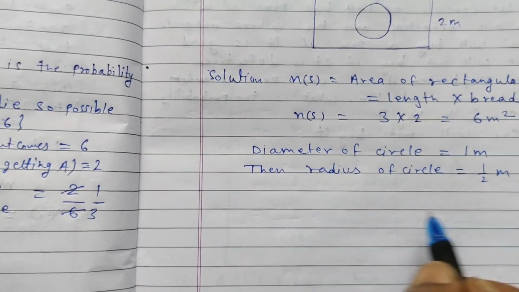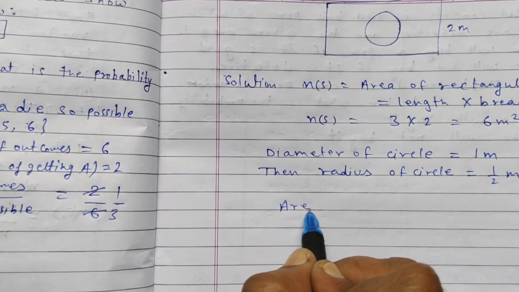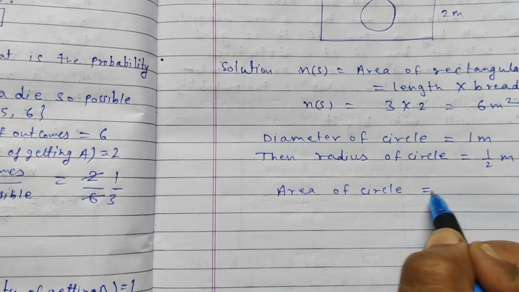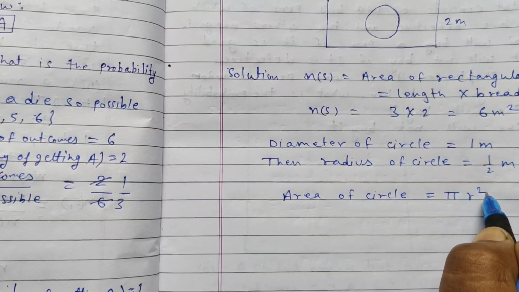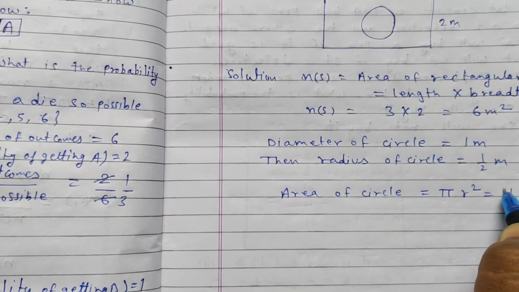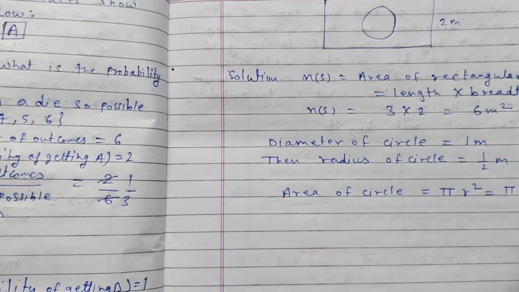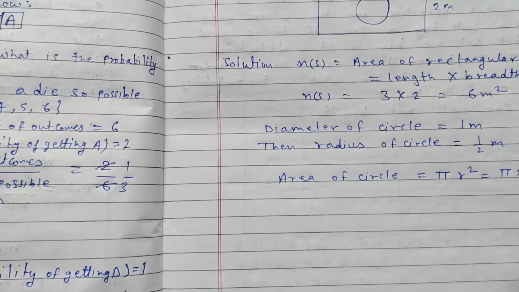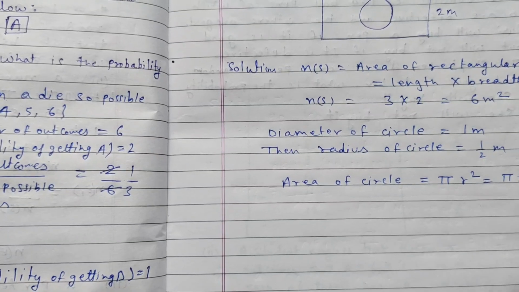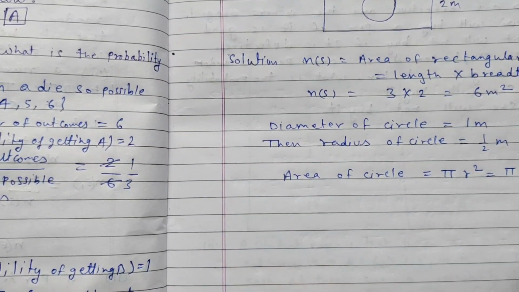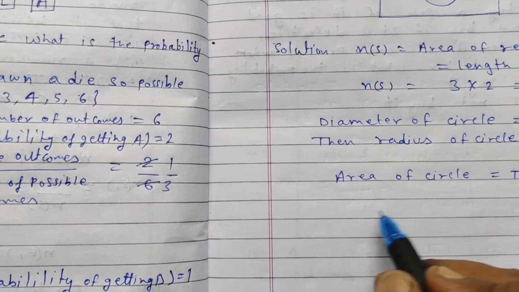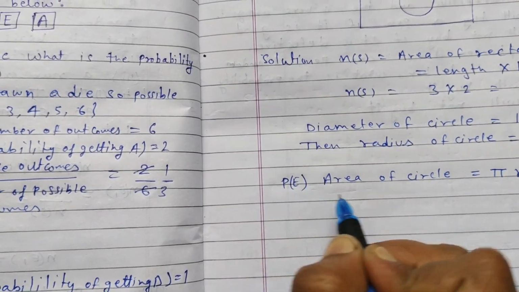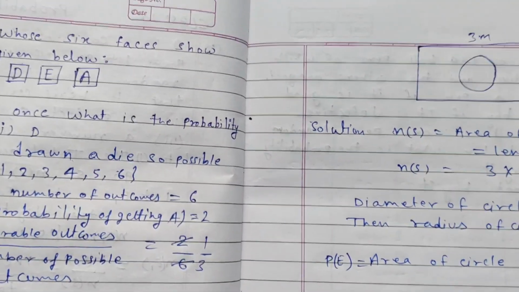So area of circle is equal to pi r square. So here pi, radius is (1 by 2) square, is equal to pi by 4. So area of circle is pi by 4. This is the area of circle.